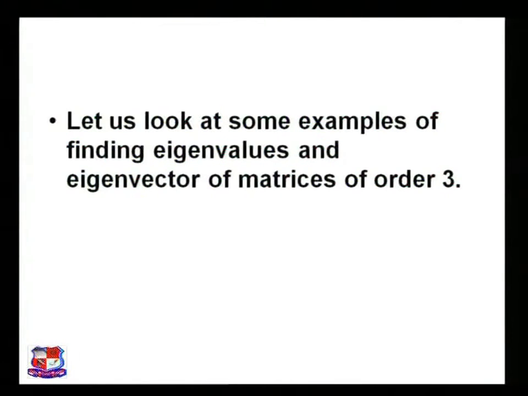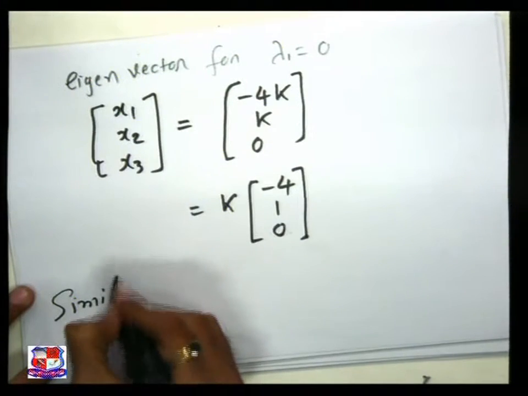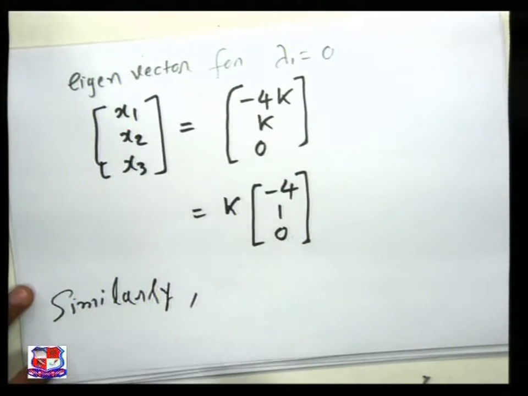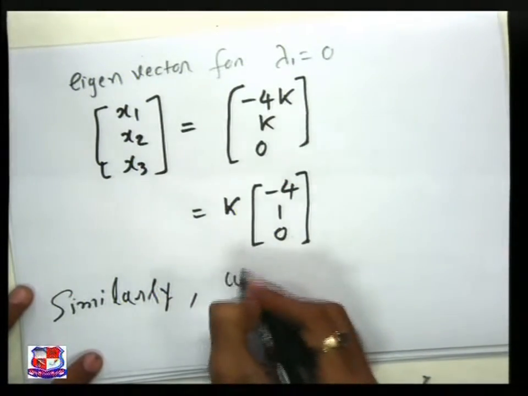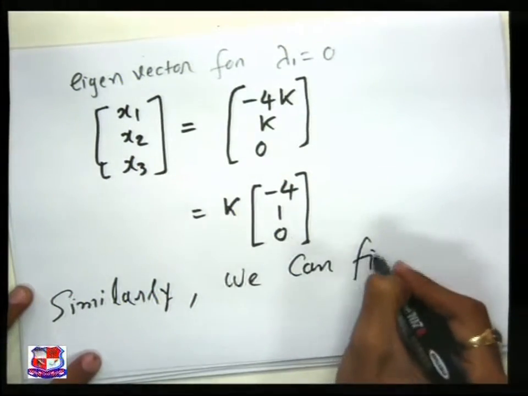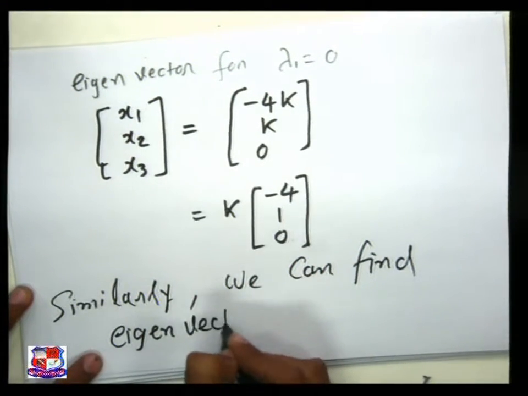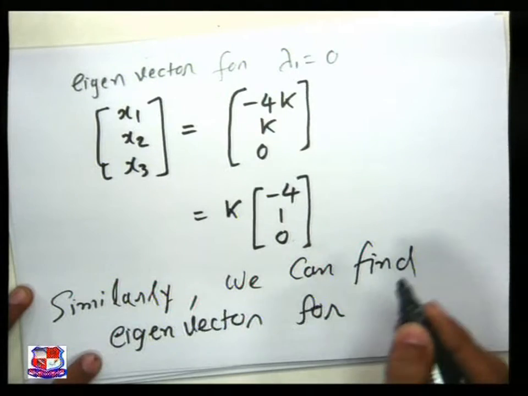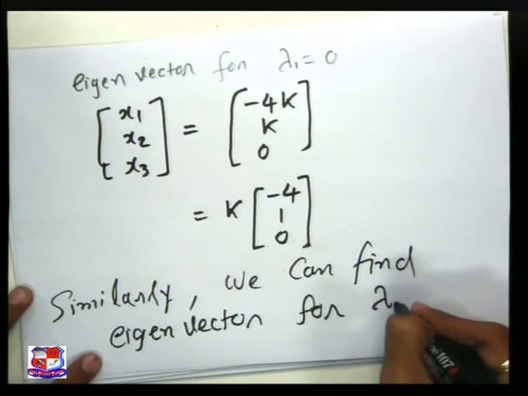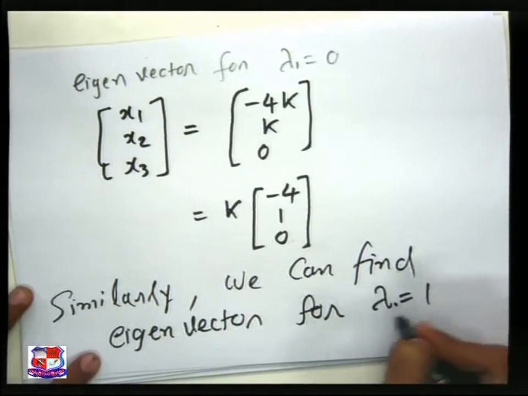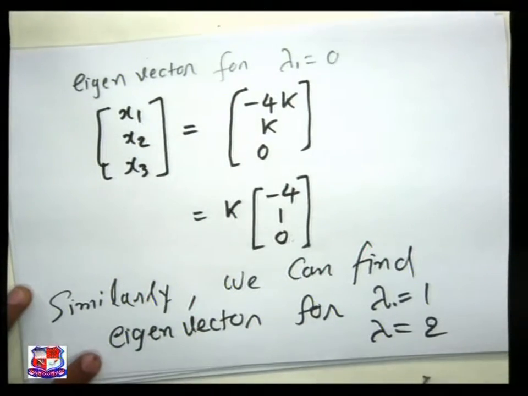In the same way, similarly, we can find the eigenvectors for lambda equal to 1 and lambda equal to 2.